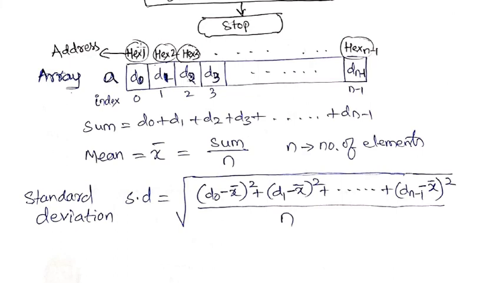Suppose I know this address and I add 1, it will automatically know what kind of data element it is and point to the next memory location. If I say this address plus 1, I will get the next address, and so on. That is how we can access these data elements using the address.